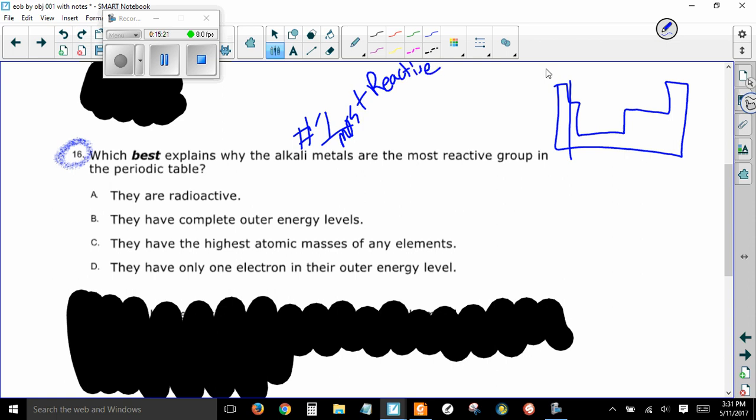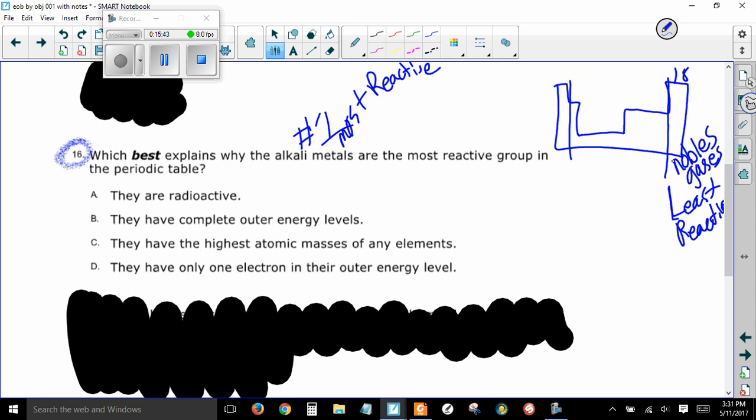Okay. Group 18. Group 18 are the noble gases, and they are the least reactive. They basically do not react. Okay.